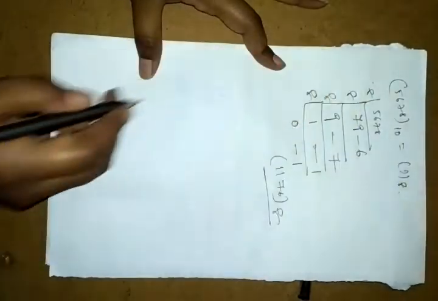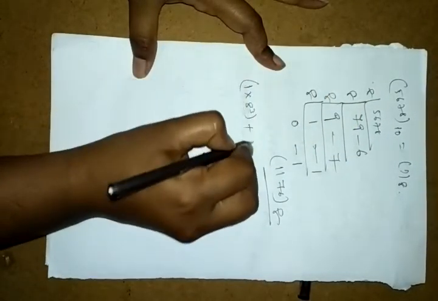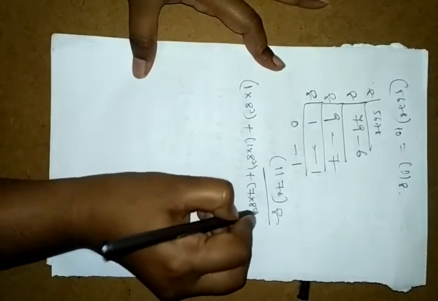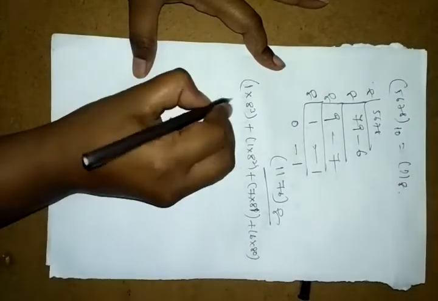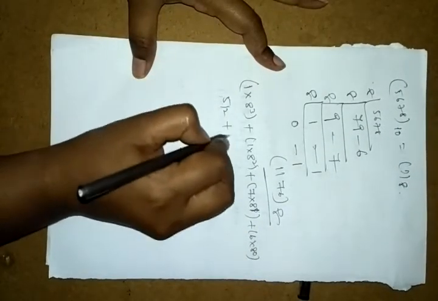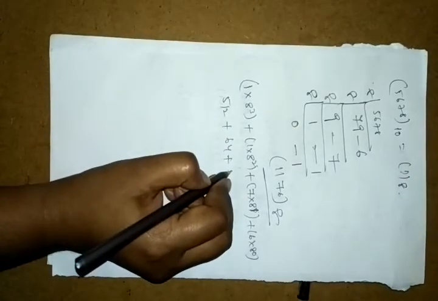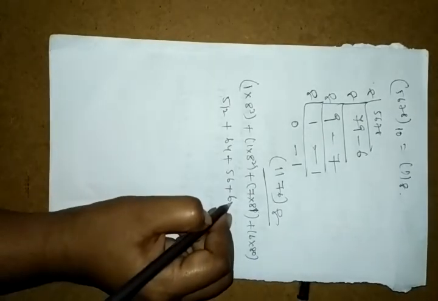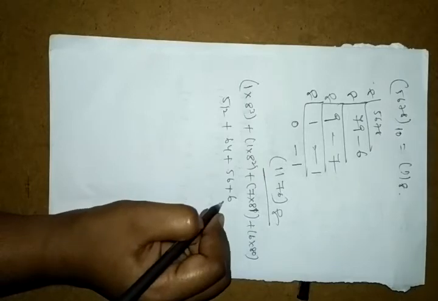Now we need to convert it back to 5678. 1 into 8 power 3 plus 1 into 8 power 2, 7 into 8 power 1, 6 into 8 power 0: 512, 64, 7 into 8 means 56, and 6. 512 plus 64 plus 56 plus 6.